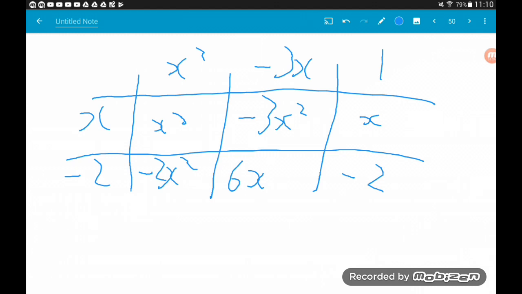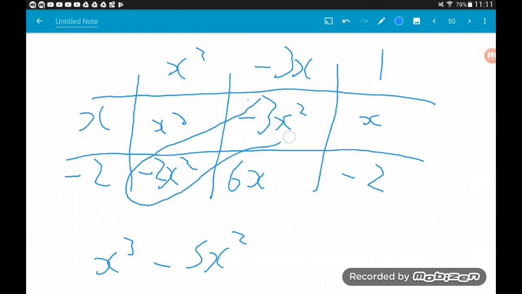So, we've got 1x cubed. Then we've got minus 3x squared minus 2x squared, which is minus 5x squared. Can you see how the table organises like terms diagonally from each other? Really, really useful.